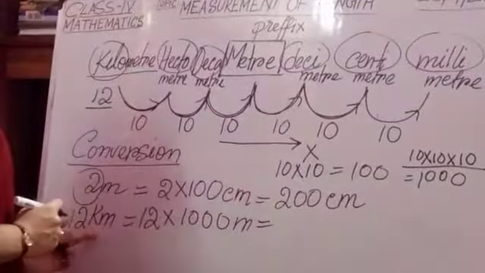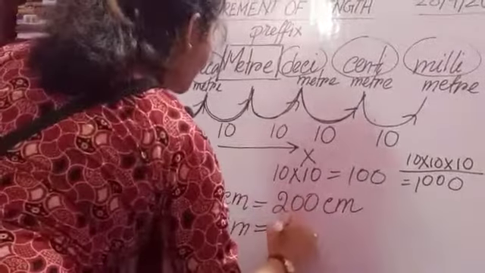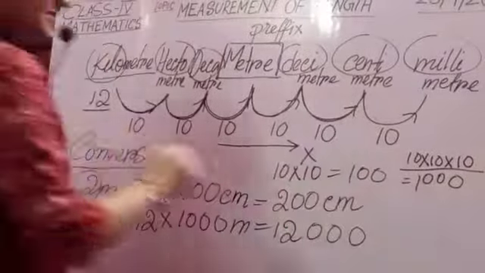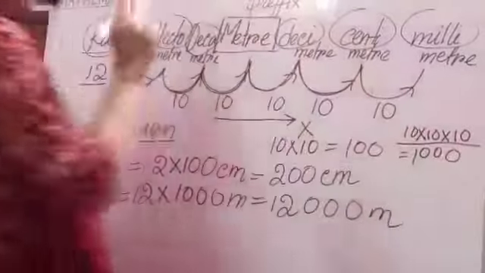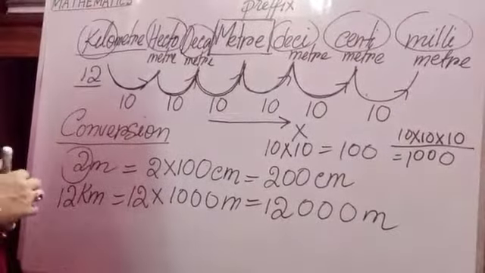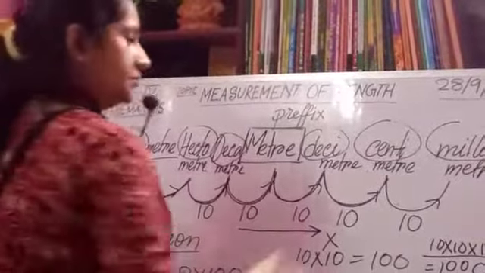See, kilometer has been converted into meter. So, after 12, 3 zeros, and this is 12,000 meters.